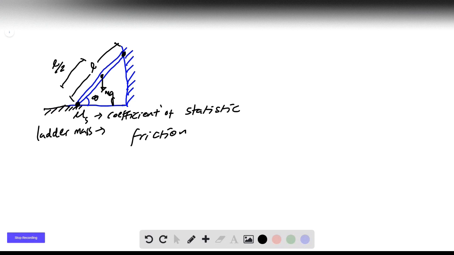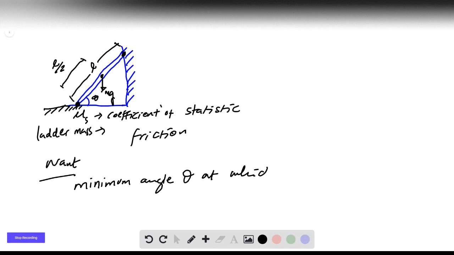So the purpose of this problem is that we want to find the minimum angle theta at which the ladder will not slip.